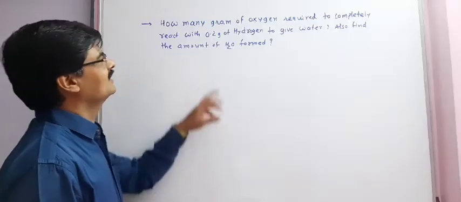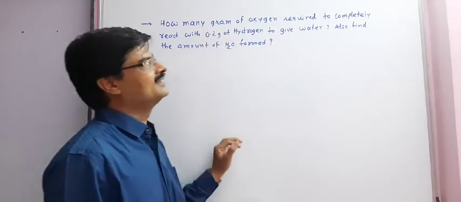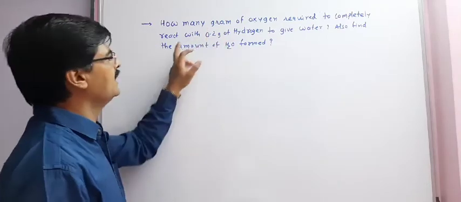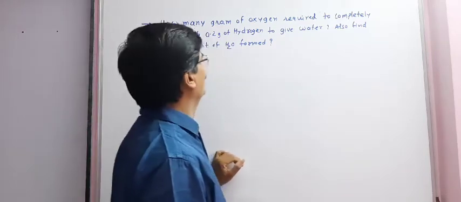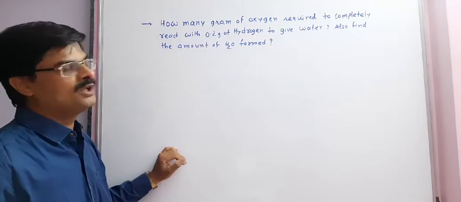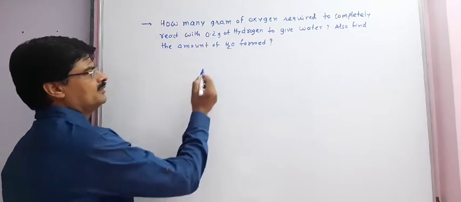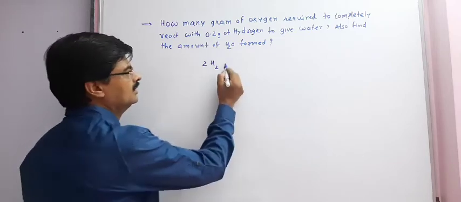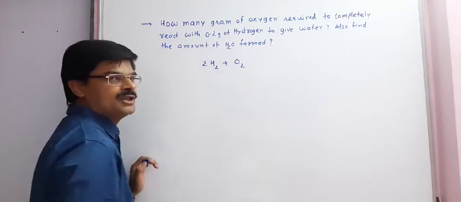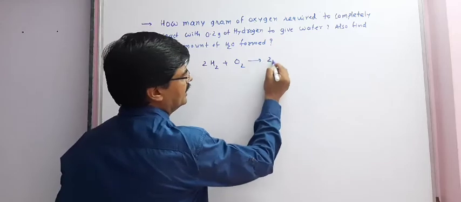In the next question, how many gram of oxygen are required to completely react with 0.2 gram of hydrogen to give water? Also find the amount of water produced. First of all, the reaction between hydrogen and oxygen to give water is 2H2 plus O2 will give 2H2O.